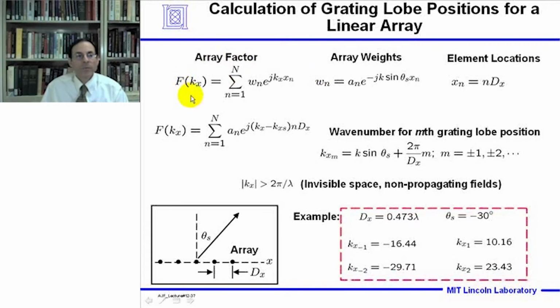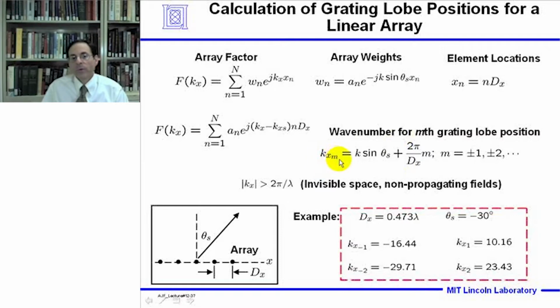So here's the array factor for a linear array. It's just a summation of the weighted elements with a phase term. The array weights are equal to an amplitude coefficient times a phase term to scan the beam in the desired direction. If we substitute the array weights into the array factor, we get this expression shown here, from which we can calculate the grating lobe positions in terms of the wave numbers as shown here.